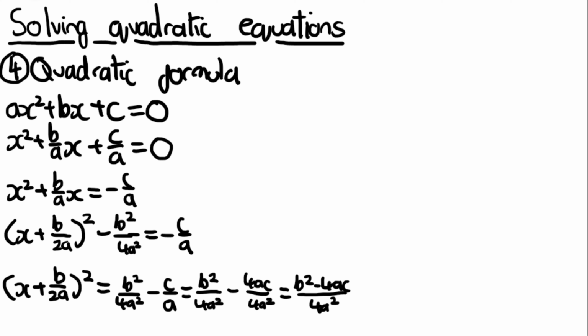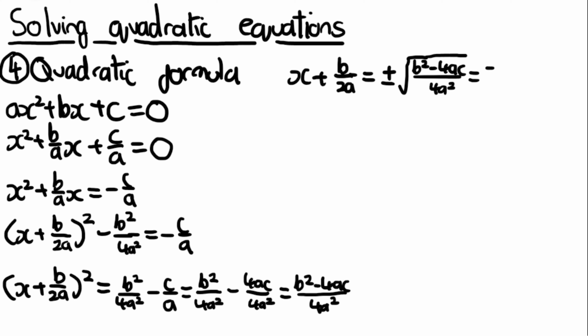Then you square root both sides to do x plus b over 2a is equal to plus or minus the square root of b squared minus 4ac over 4a squared, which you can simplify to plus or minus the square root of b squared minus 4ac over 2a. And then the final step is to bring the b over 2a onto the other side.